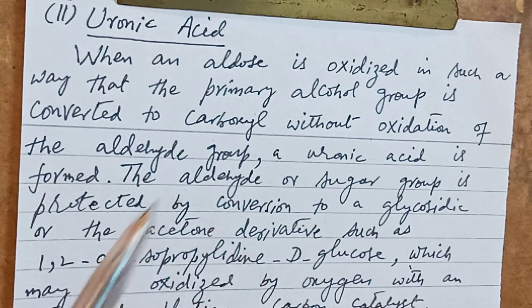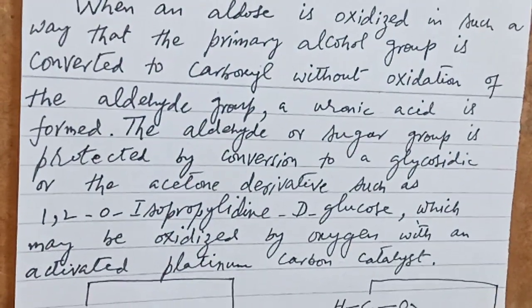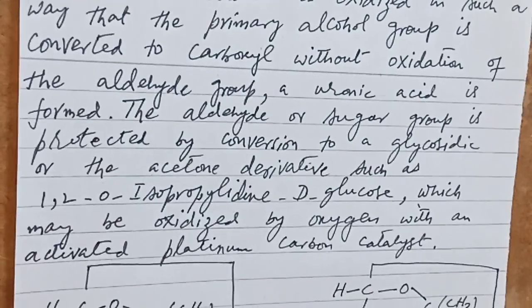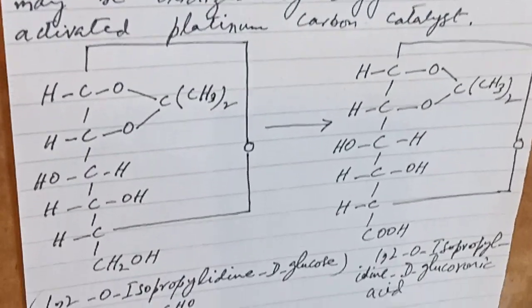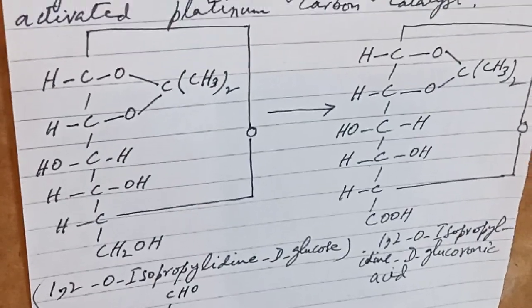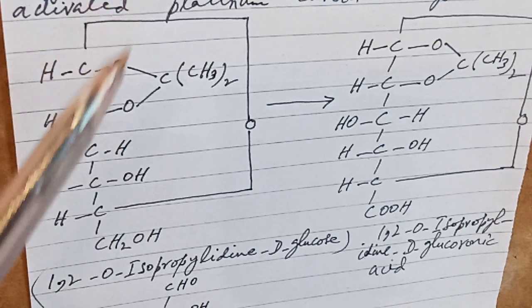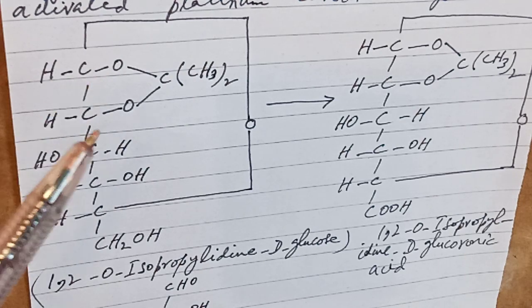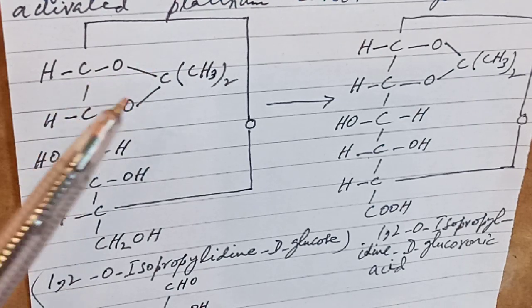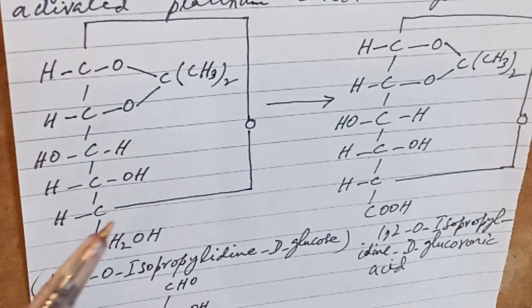When you react 1,2-O-isopropylidene with the D-glucose structure, it may be oxidized by oxygen with an activated platinum carbon catalyst. The isopropylidene structure will react with the first and second carbon atoms, protecting the reducing property at the first position.